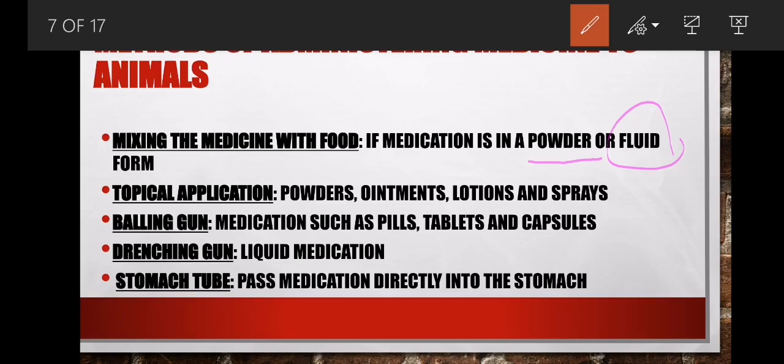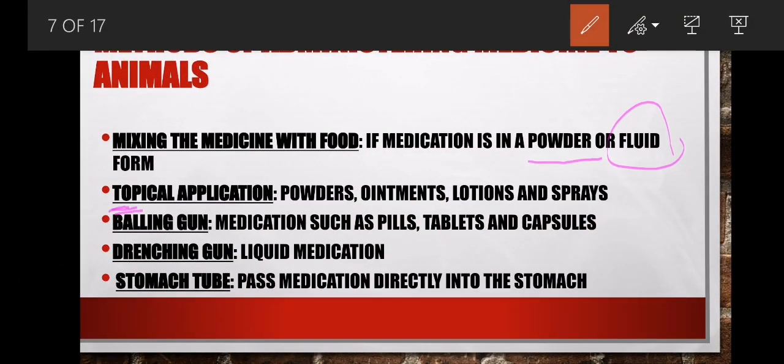We have number two, topical application. I would like you to focus on this one. Topical. Please underline the first part, top. In this method, we usually administer powder, ointment, lotion, and spray.